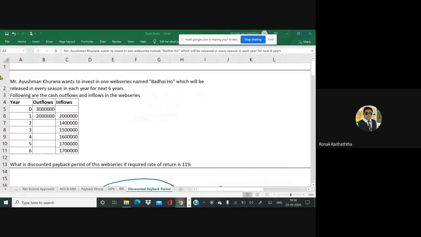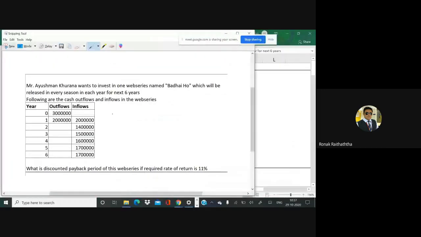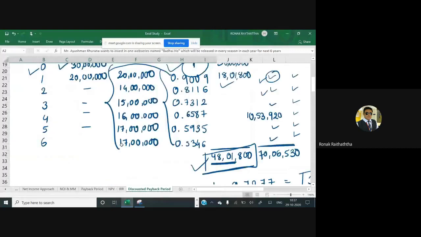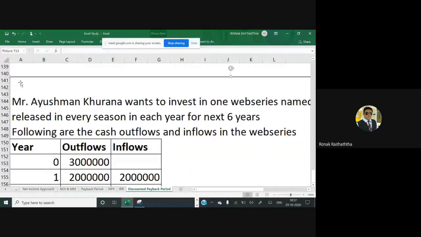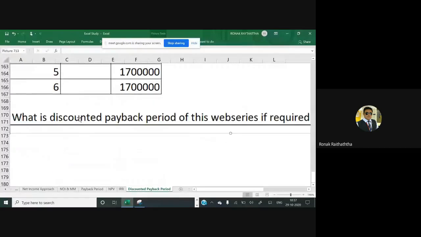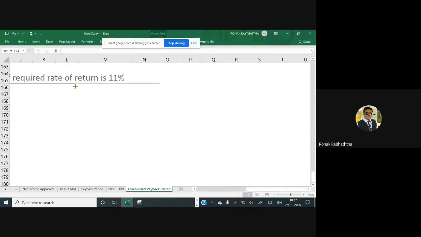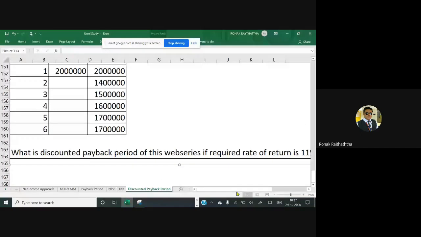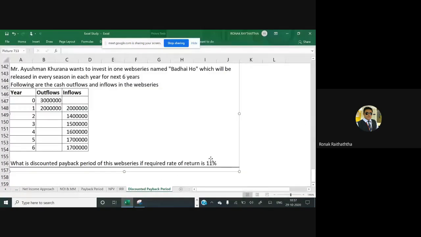Meanwhile, okay, and here we are. Let me zoom it down like this. Let me make it smaller. Okay, and here we are. The question is visible to everyone.